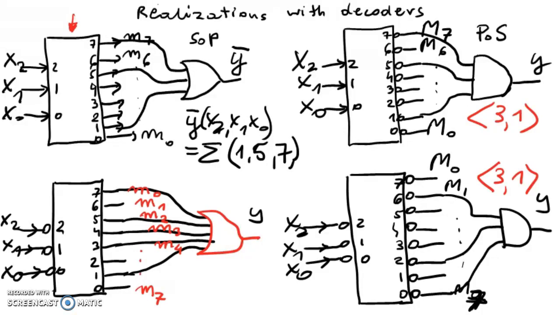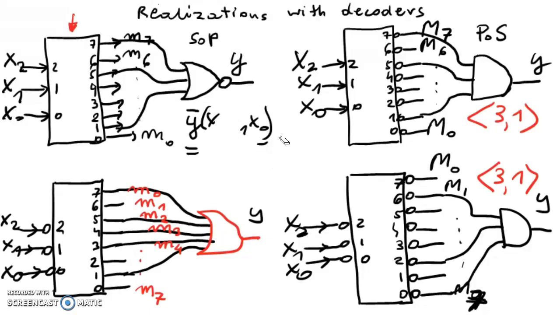Well, you should change it to be Y, simply by replacing OR with NOR. Okay, and now you've got Y, the same function as before, but the cost got lower, even lower than this.